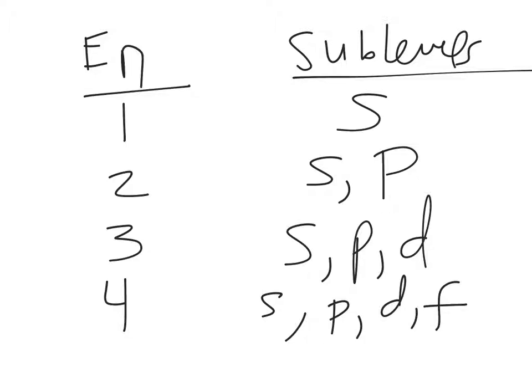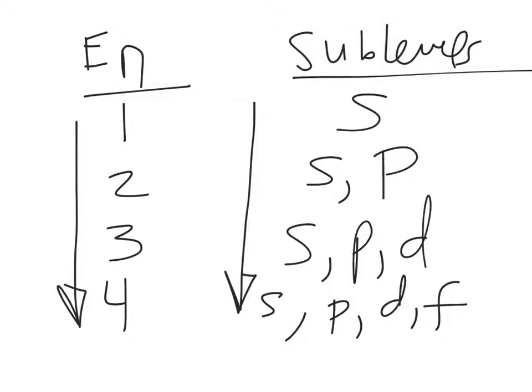So we can see that as we get farther from the nucleus, as our energy level increases, there are more and more sublevels available to us because there's just more room. The farther you get from the nucleus, the more room you have for different types of sublevels. Now, each of these dwellings has different numbers or shapes within them.